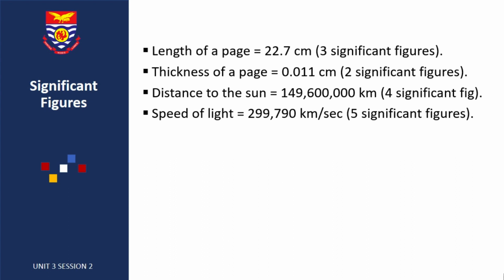When we mention figures like this, it becomes very confusing. For instance, seeing the distance of the sun to be 149,600,000 and saying this is to only 4 significant figures. To have a clearer view of the number of significant figures, it is good to write or express the figures using scientific notation or standard form.